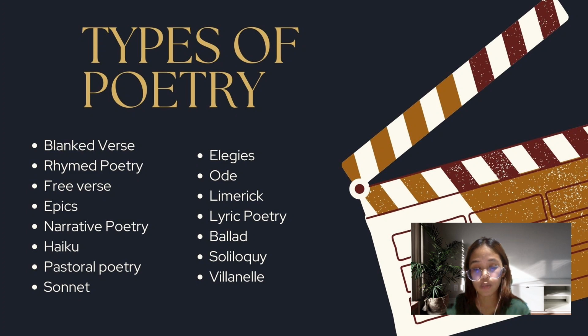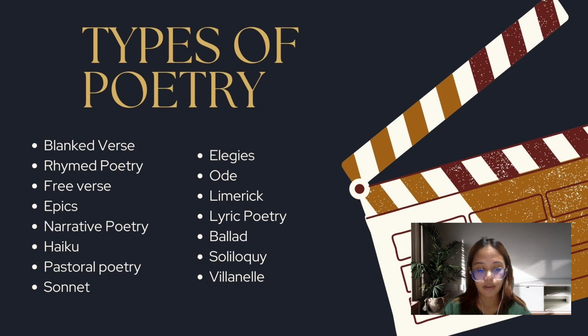And then the free verse, we will also be discussing that in a short while. And then we have epics. Epics is a type of poetry that depicts an extraordinary feat and adventure of a subject in a poem, and it includes unworldly and supernatural obstacles.